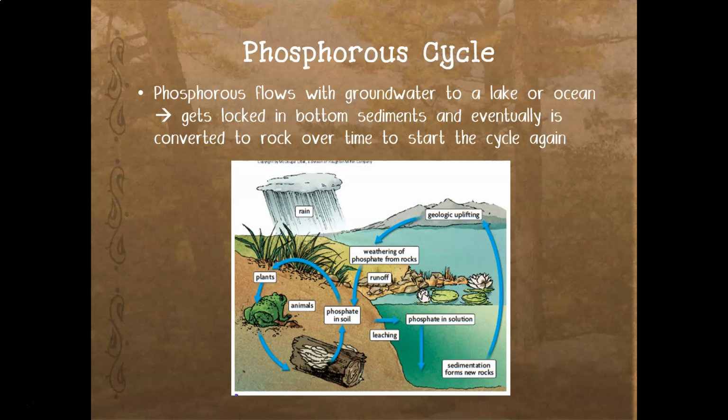Decomposition happens again, runoff happens eventually from excess phosphate, and we form those rocks. But this process right here of the rock formation, the geologic uplift, that's what makes this cycle so slow, because those geologic processes are not ones that happen within our lifetime by any means.